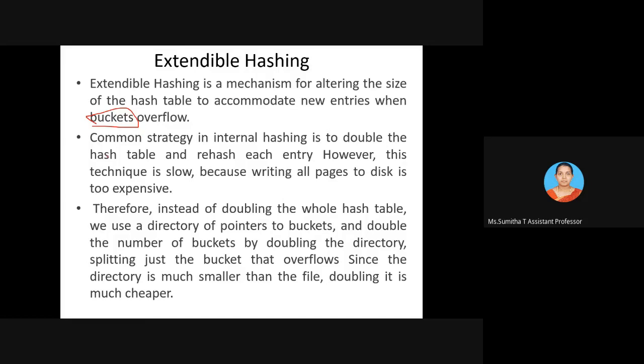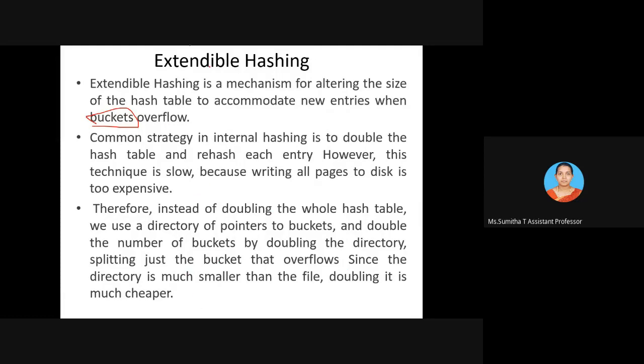However, in the case of internal hashing, this technique is slow because writing all pages to disk is too expensive. Therefore, instead of doubling the whole hash table, we use a directory of pointers to buckets and double the number of buckets by doubling the directory, splitting just the bucket that overflowed. We'll see what this is in the next slide.